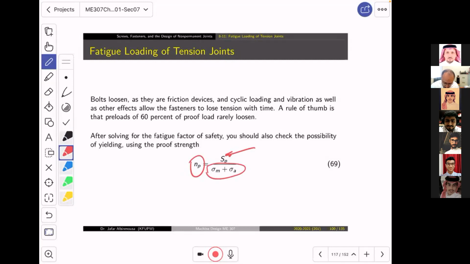Because when we sum the mean and the amplitude, it means that we are looking at the maximum point here. This point is measured all the way down. So when we measure it, we are guaranteeing that when we reach that point, there will be no yielding from the first cycle.